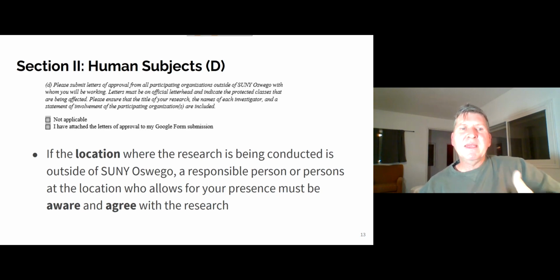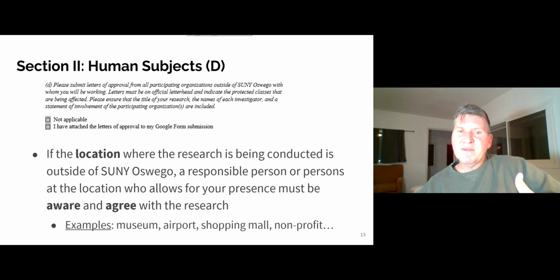But for example, if you were recruiting and performing this in an Apple store, you want to have some kind of approval from the Apple Store manager that says they're aware that you're doing this research and they agree that it's okay. So, for example, if you're in a museum, you want to get somebody at the museum who has the authority to give this kind of letter.